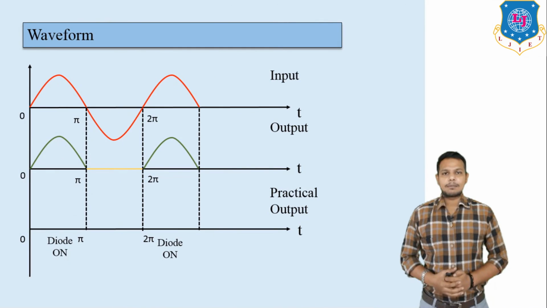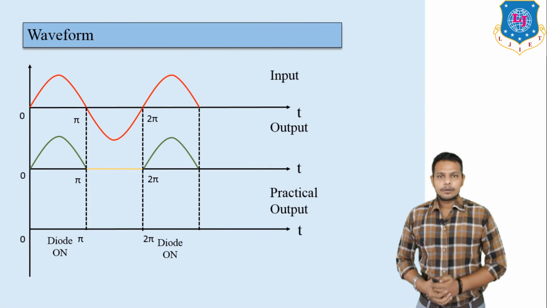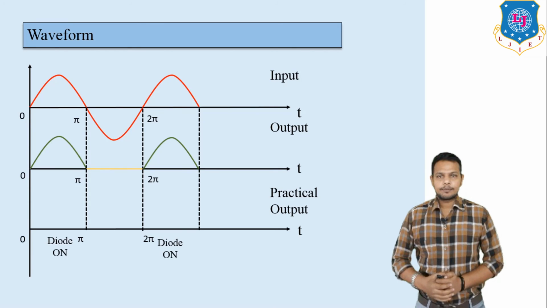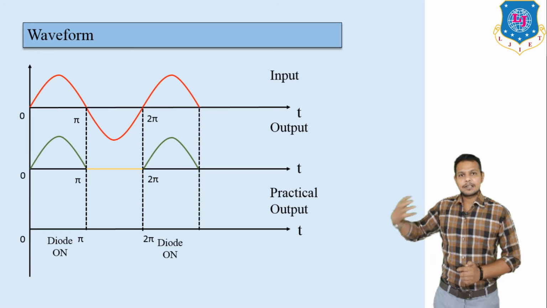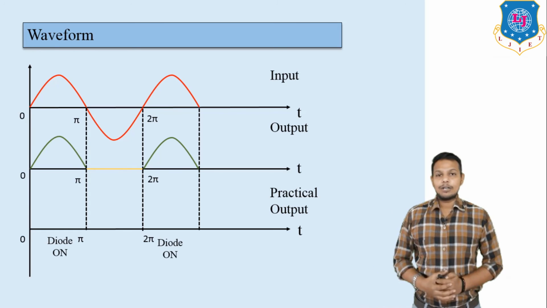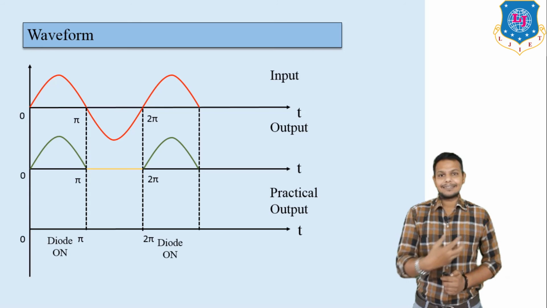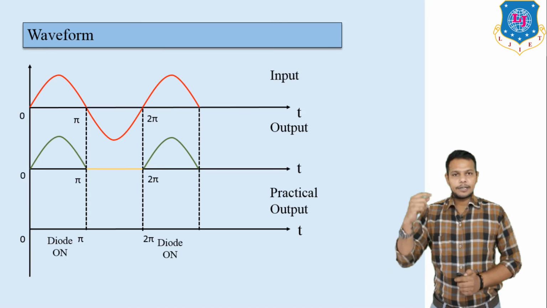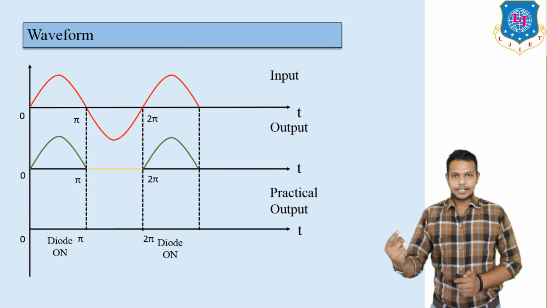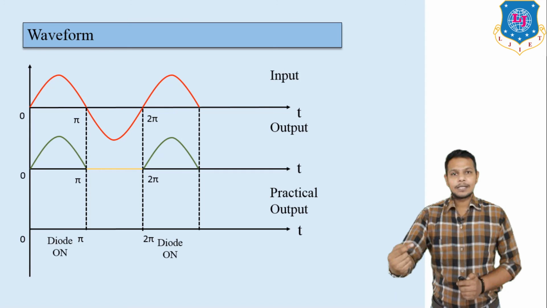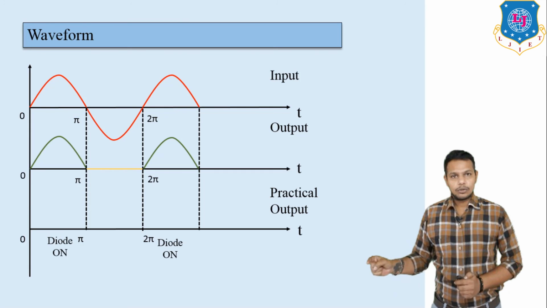So let us discuss some more things for this circuit diagram. If we measure the voltage across this diode, what will the voltage be at the diode side? As we discussed from input to output, if you enter a positive waveform, you will get a similar one from the output side. If you enter a negative waveform, you will get 0, right?